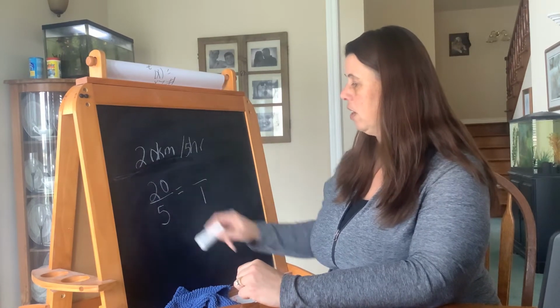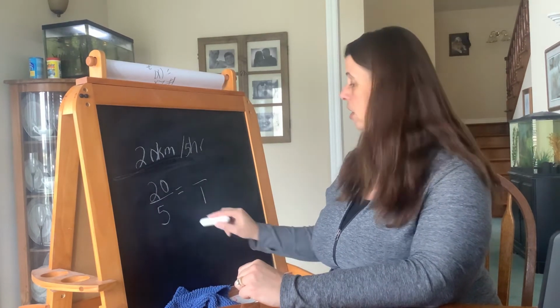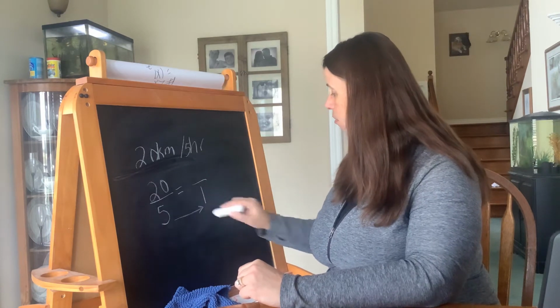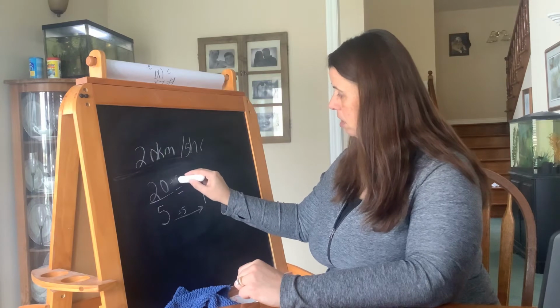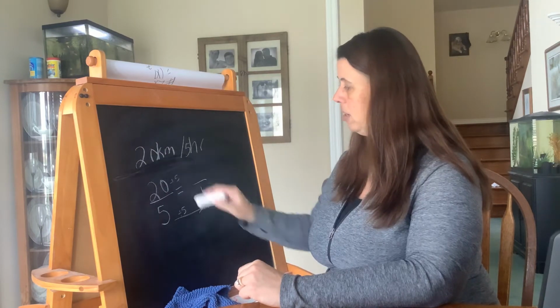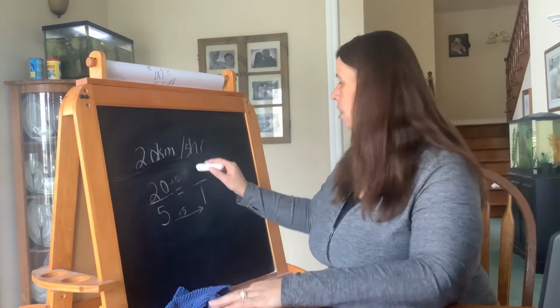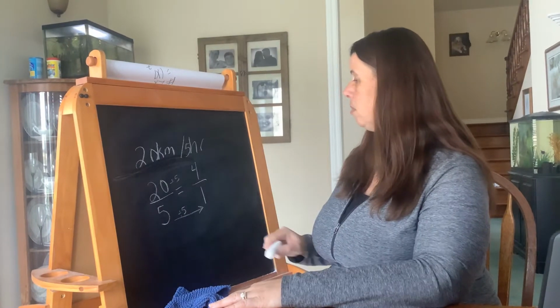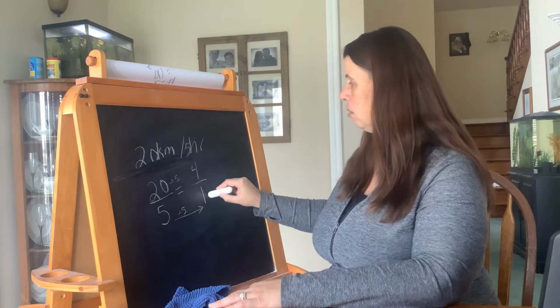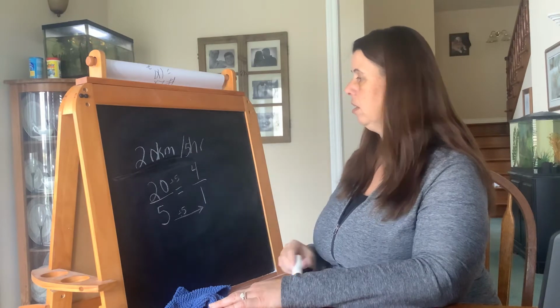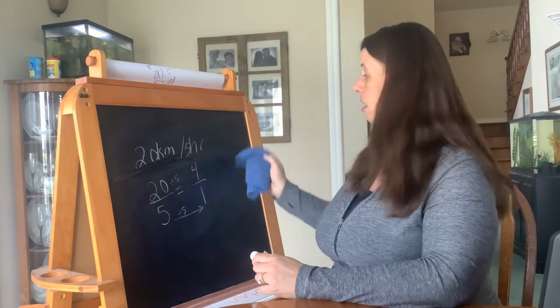And I know that 5 and 20 are both divisible by 5. So how did I get from 5 to 1? I divided by 5. So on the top, I'm going to divide by 5 as well. 20 divided by 5, 5, 10, 15, 20. There's 4. So that means that if I can go 20 kilometers in 5 hours, I can go 4 kilometers in 1 hour. Wow. That'd be a quick walk, I think.